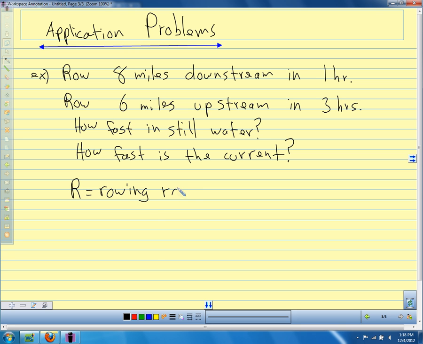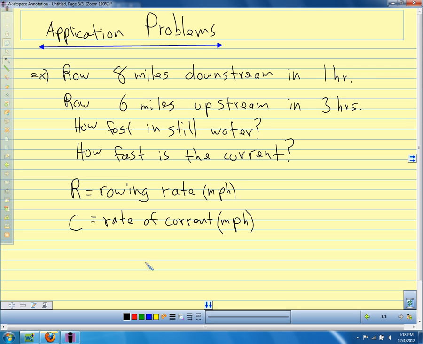I'm going to call it the rowing rate, in miles per hour. So R is how fast a person can row. And let's call C equals the rate of the current, also in miles per hour. So those are our variables, the things we're trying to find: the rowing rate and the rate of the current.